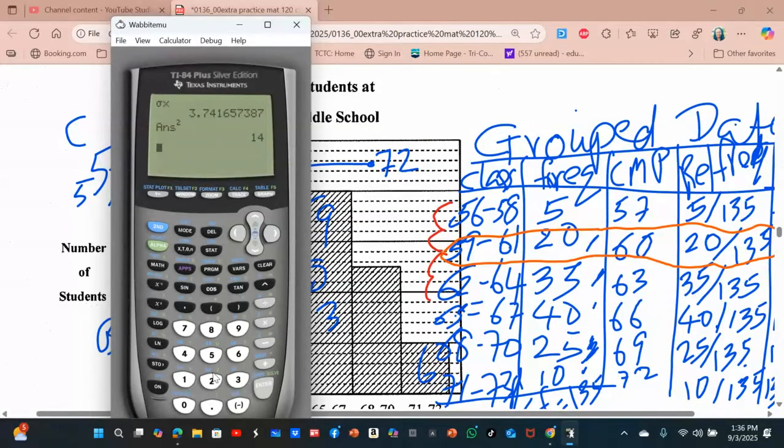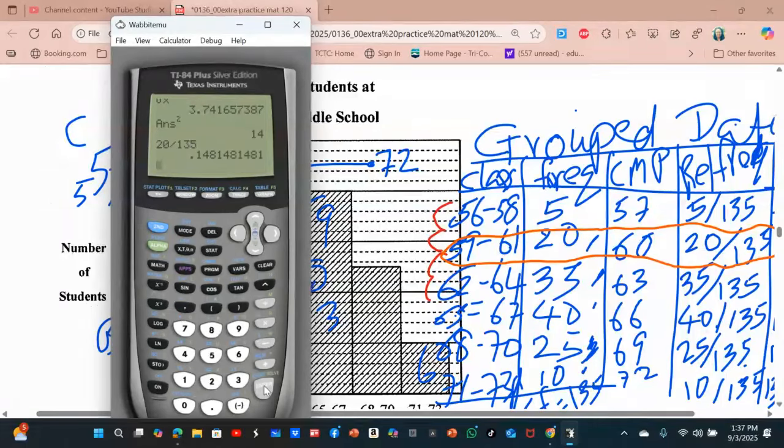What is the probability that a student chosen at random is in the second class? All right, that probability to 3 decimal places, 20 divided by 135. Remember that probability is the same as relative frequency. Also remember that probability cannot be more than 1. It has to be between 0 and 1.